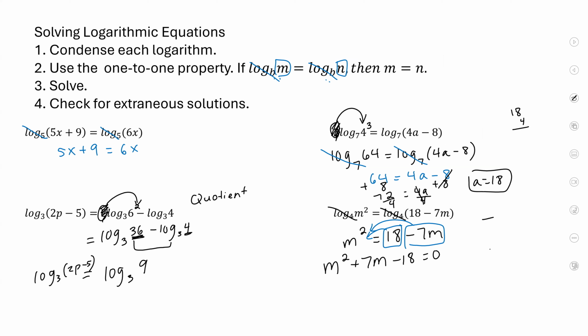From here, you're just going to factor. Can y'all tell me two numbers that multiply to negative 18 but add to 7? Exactly, 9 and negative 2. So those are my factors, m plus 9 and m minus 2. When you solve, you get m equals negative 9 and m equals a positive 2. So we solved it. That is step 3. Solve it.